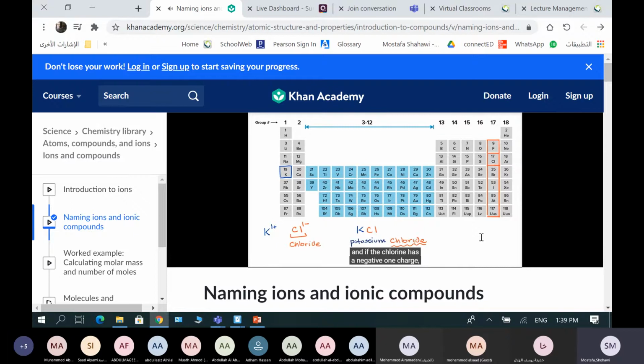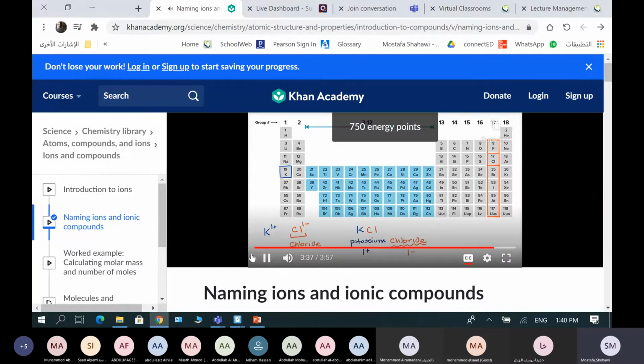And if the chlorine has a -1 charge, in an ionic compound the whole thing is going to be neutral. So if this one over here is 1-, then you know this over here, since they're 1 for 1, is going to be 1+. So you know that you're dealing with a potassium cation and you could say a chloride ion or a chlorine anion.